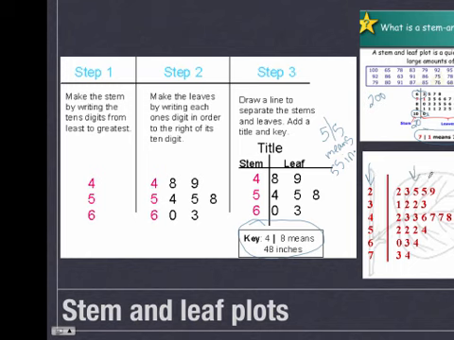All of my leaves represent the ones digit or the ones place. So just by looking at this stem and leaf plot, I can tell you what my mode is, what occurs the most often. And I know that because I see 3 2s here in a row.